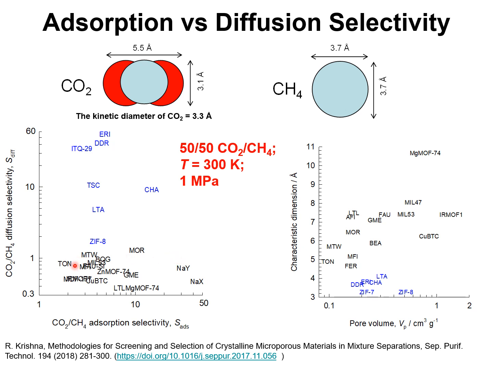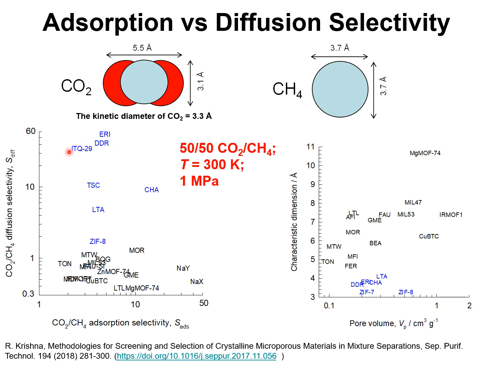All the materials indicated in black have diffusion selectivities lower than unity, and for all the materials the adsorption selectivity is larger than unity because of the quadrupole moment of CO2 and the higher degree of polarizability. CO2 is more strongly adsorbed than CH4 in most known materials.